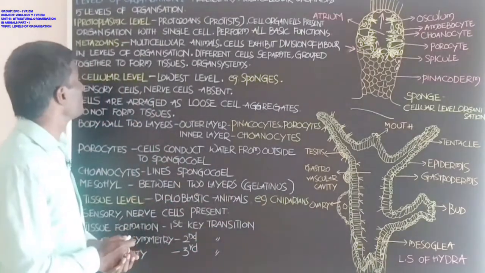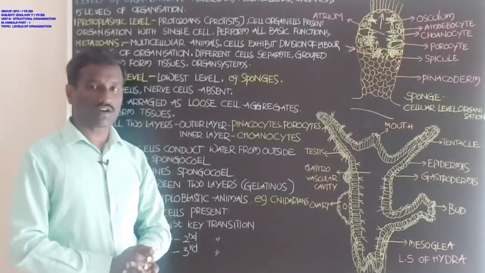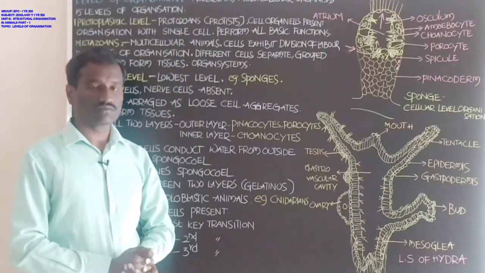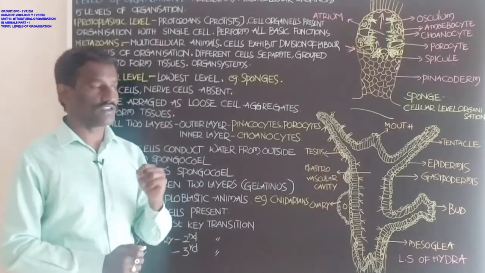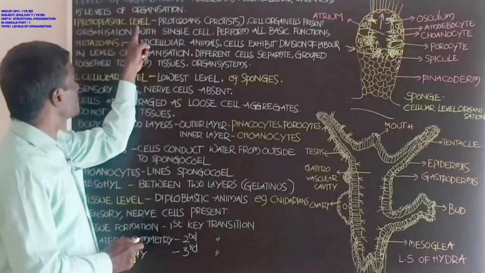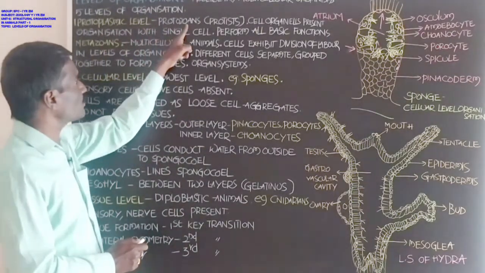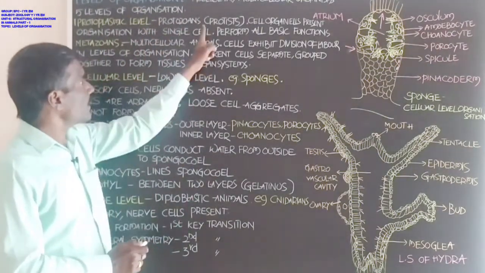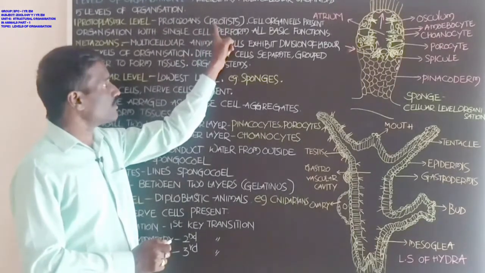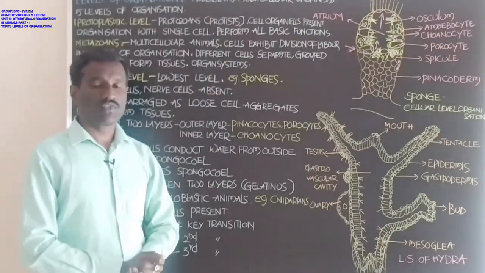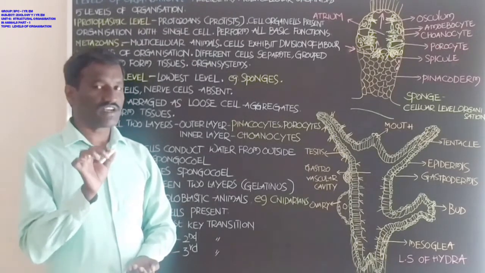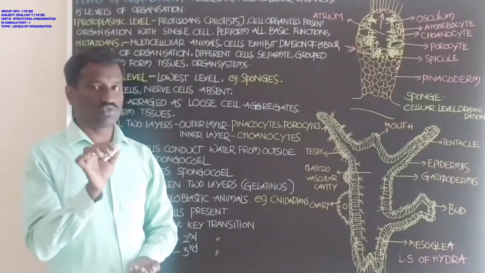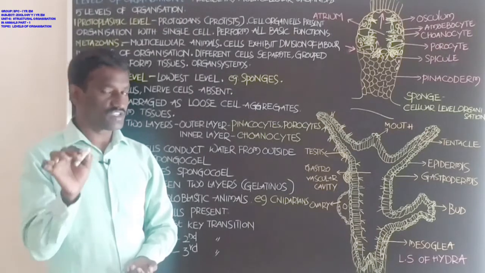Next, students, there are 5 levels of organization in animals. The first one is the protoplasmic level of organization. The protoplasmic level of organization is shown by protozoans, also called protists.